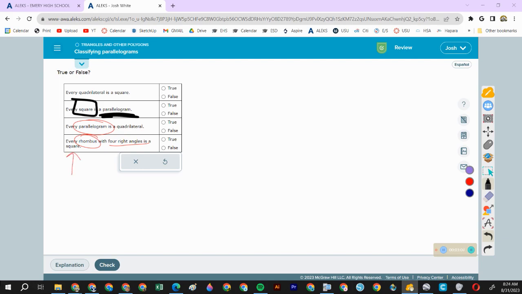Okay. Is every rhombus with 4 right angles a square? What does it mean to be a rhombus? What does a rhombus have? 4 equal sides, right? If we drew a shape with 4 equal sides and we made sure that it had 4 right angles, is that guaranteed to be a square? Yes. What if I asked, is every rectangle a square? What does it mean to be a rectangle?